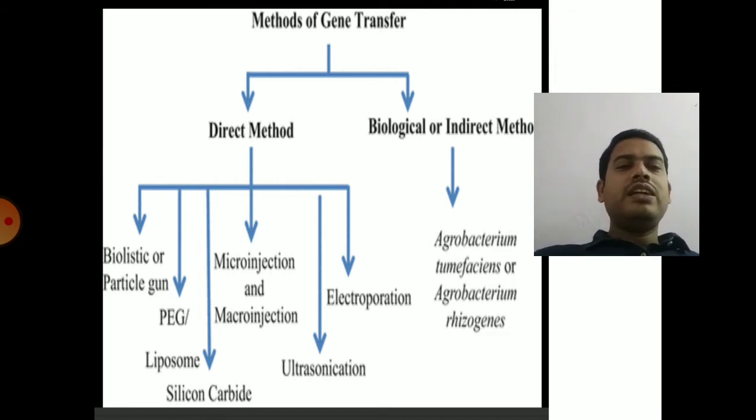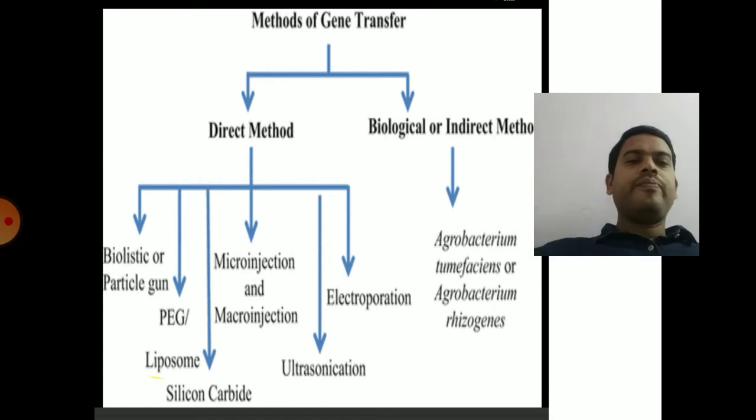By these methods you can transfer your vector containing foreign DNA or transgene into your host cell. So that is direct method. Sometimes the transgene construct can be directly introduced by these direct methods without construction of a vector. Then it is called as vectorless gene transfer or direct method.